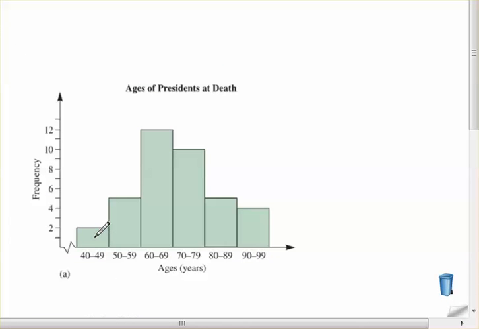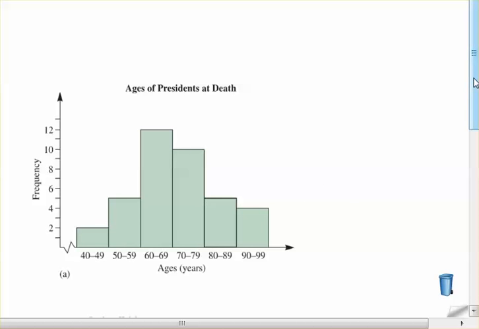For instance, this is exactly what we saw a while ago. We had the age from 40 to 49, and there were two of those. And if you'll remember, there were five from 50 to 59. What we've drawn out here is called a histogram. And a histogram is, you can look at it as a bar chart.